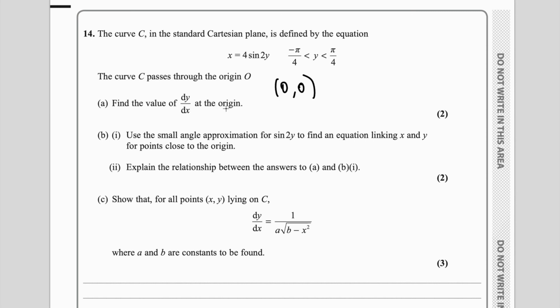the origin. Now, because what we've got here is x equaling 4 sin 2y, in other words, we've got x here and some sort of function of y here. What's going to be easier is if we calculate dy over dx by doing 1 over dx over dy. So if we were to find the derivative of x with respect to y, we're going to get a particular expression that if we put 1 over that, we'd get dy over dx.